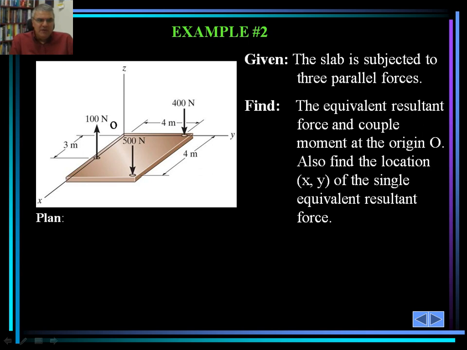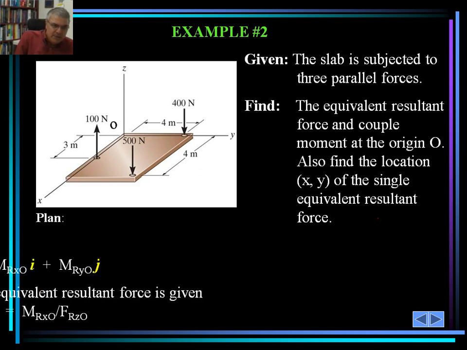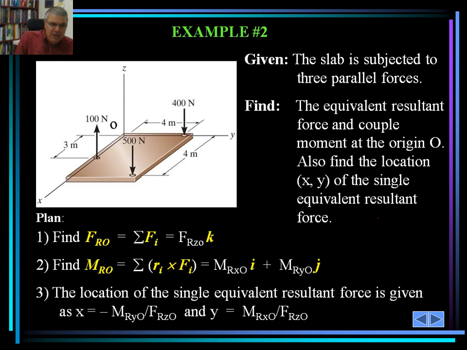In this case, there's a slab that's subjected to 3 parallel forces. The equivalent resultant force and couple moment at the origin O is what we are after, and we also would like to find the location of the single equivalent resultant force.